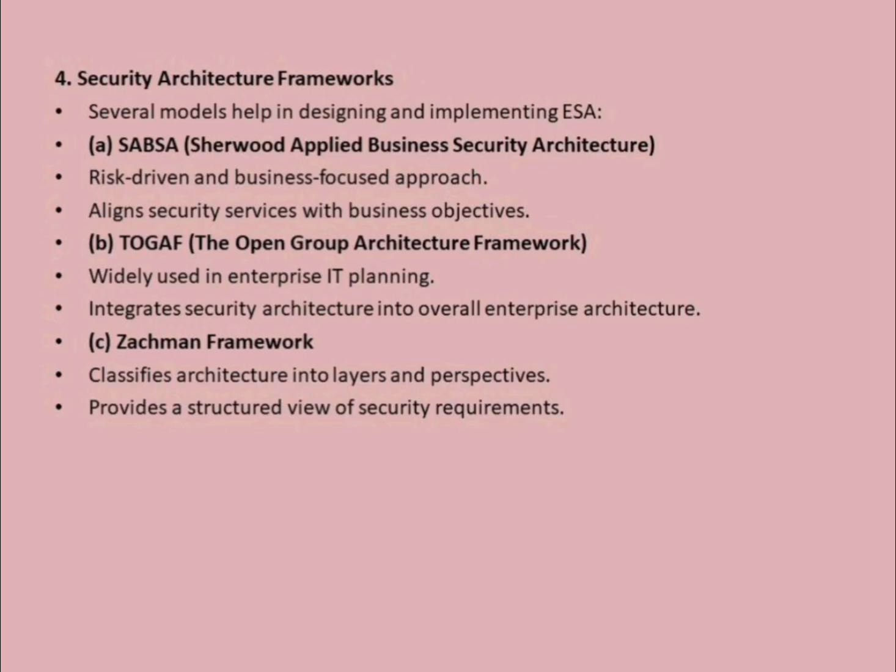For example, the who perspective may define roles and responsibilities for data access, while the how perspective may explain how encryption or firewalls protect the system. Imagine a hospital setting. Zachman helps ensure that doctors, nurses, administrators, and IT staff all have appropriate security controls defined for their role, avoiding confusion or overlap.